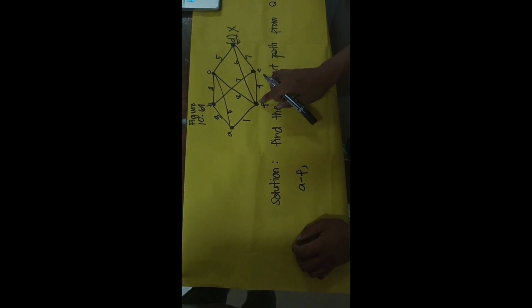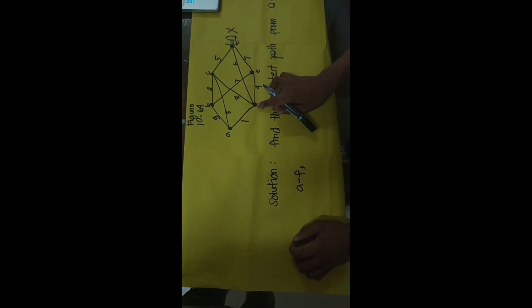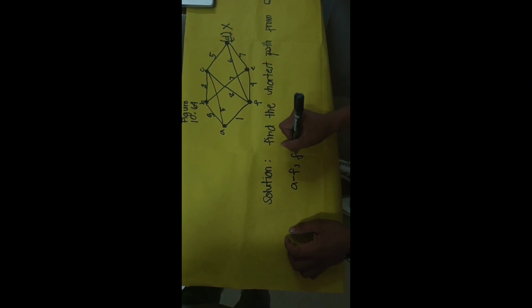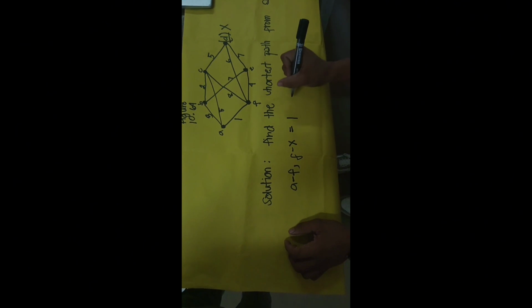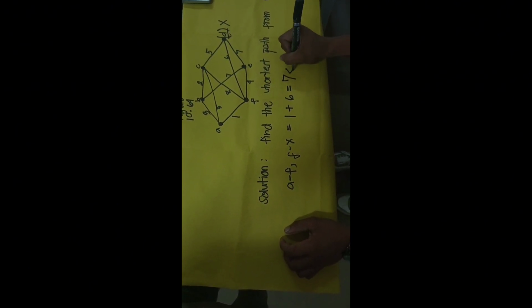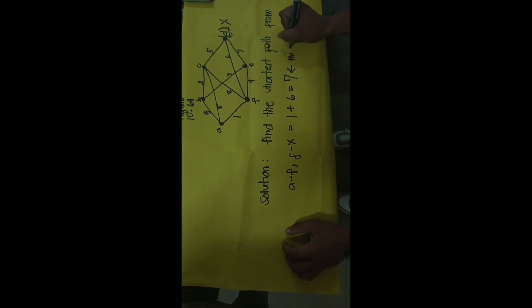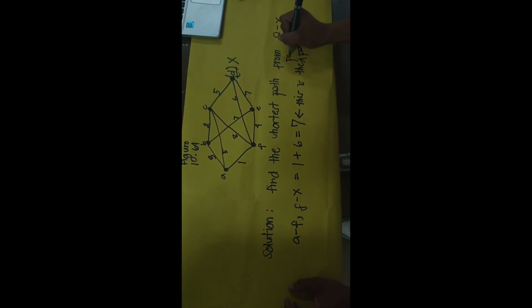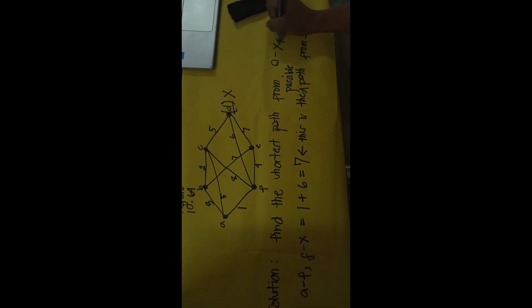Next is F to X. F to X has a value of 1 plus 6 equals 7, which is the shortest path from A to X.